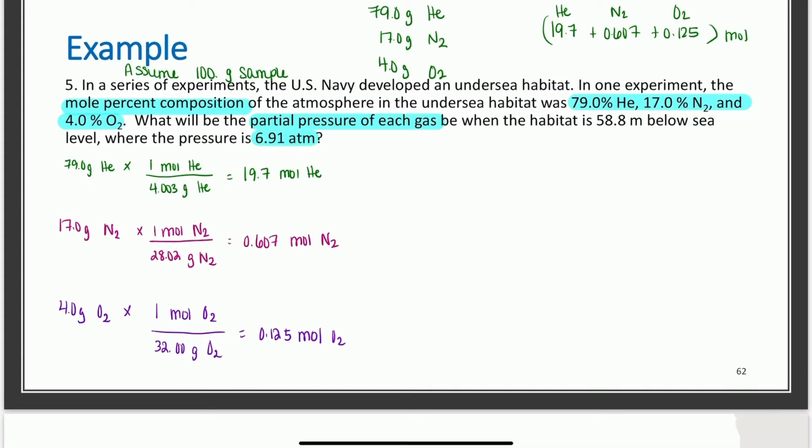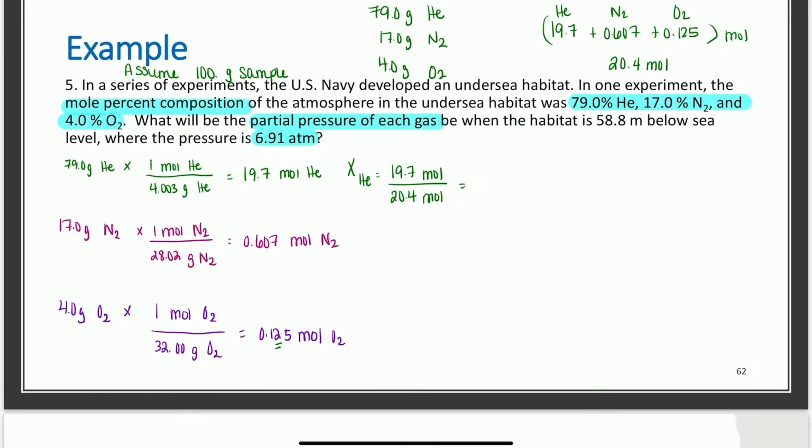In total, I have 20.4 moles in the system. That means my mole fraction of helium is 19.7 moles divided by 20.4 moles. It should be 1.3 there, but I'm not going to round until the very end.